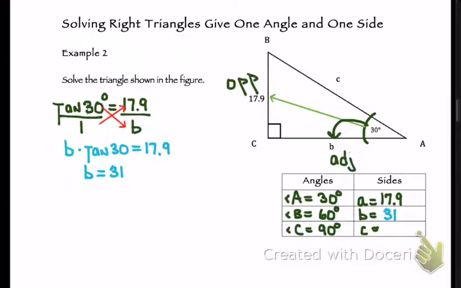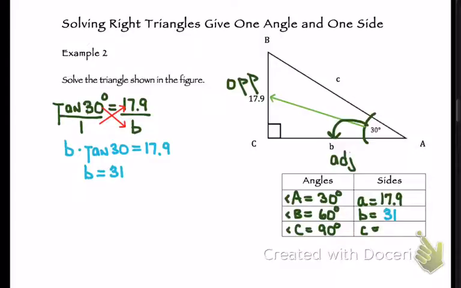How do you double check that? Hit the mode button on your calculator. You should see radians and degrees. In this case, degrees needs to be highlighted, so go down there, hit enter if it's not. Go back, now try this again. You should get 31 as your side.